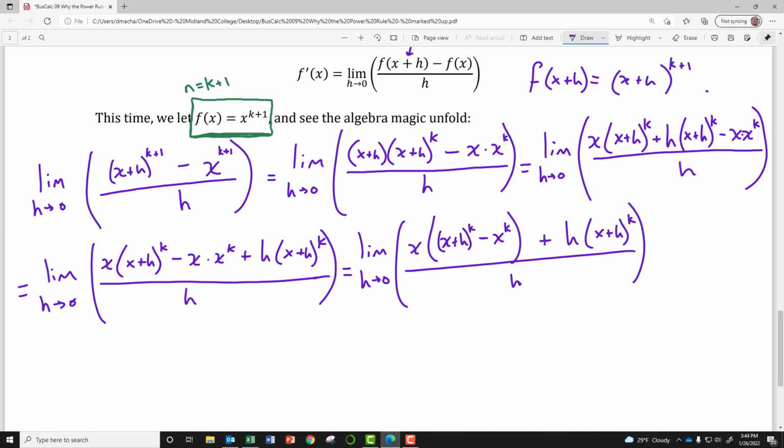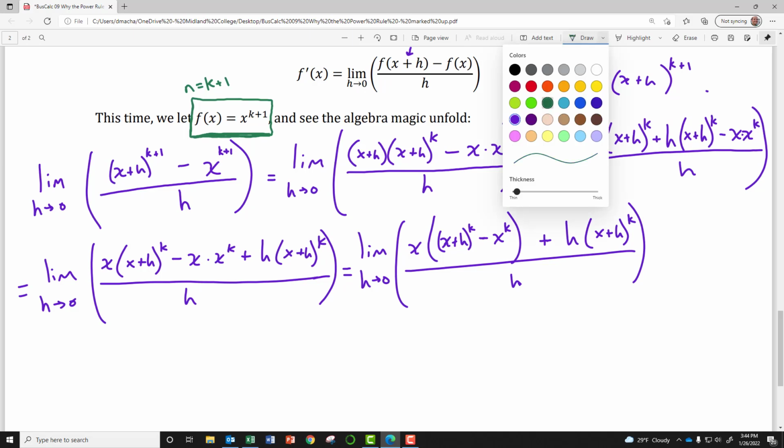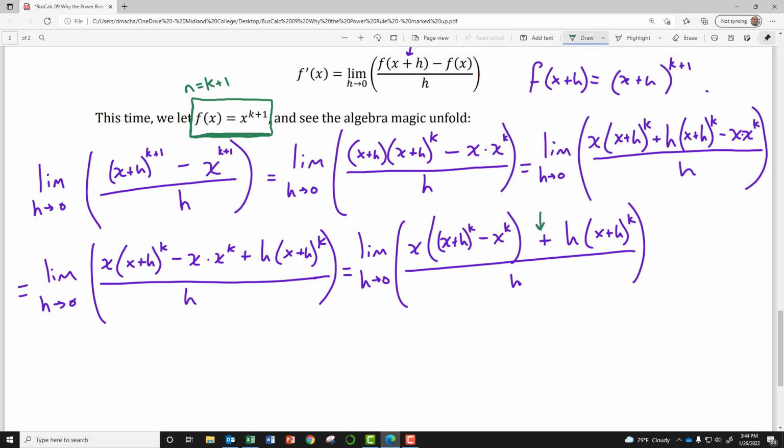And while I'm stuck here and maybe a little bit concerned about running out of room on my page, I want to point out that in the numerator here where you see this plus sign, I can actually break apart this fraction into two separate fractions. I just have to keep my denominator the same for those two fractions, right? And so let me do that.